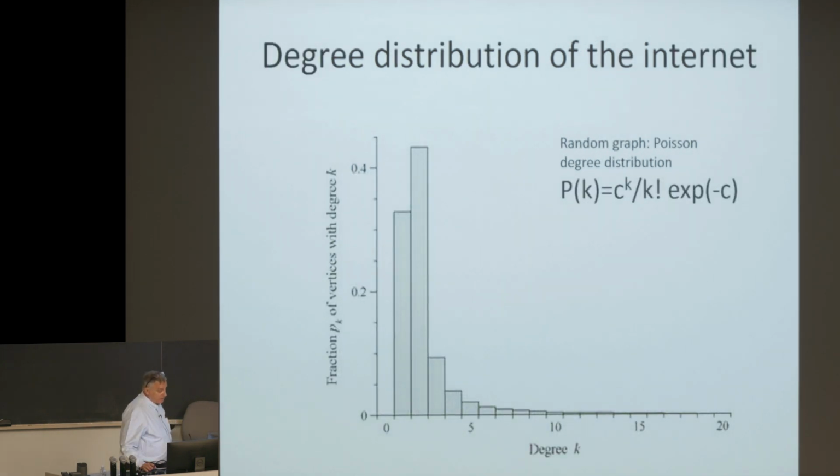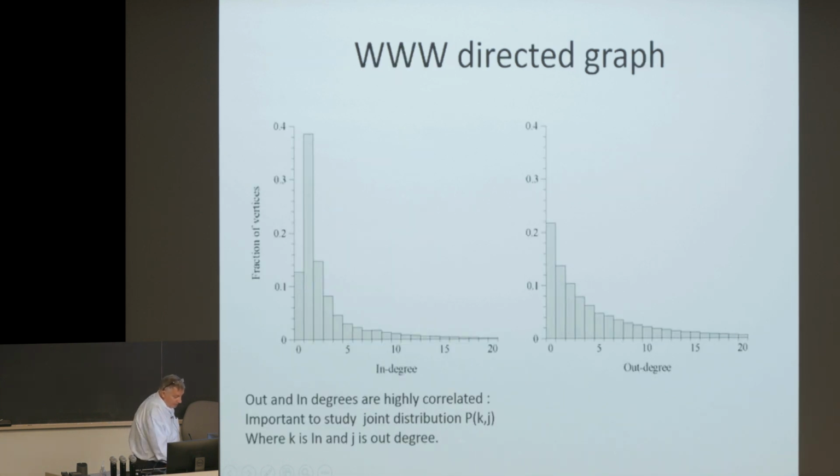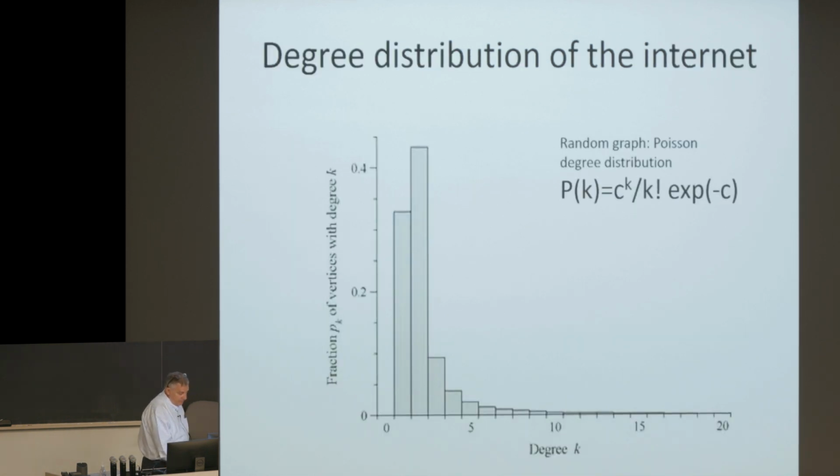So here are just the graphs of how the Poisson distribution looks like and how the scale-free distribution looks like. And the scale-free distribution has a very heavy tail. If you compare this graph, you see the tail for the Poisson degree is very narrow, decreasing very fast.